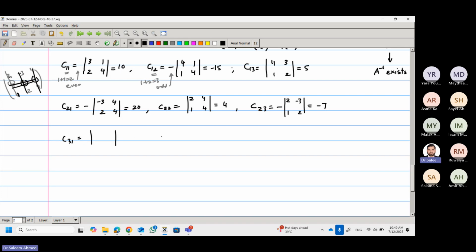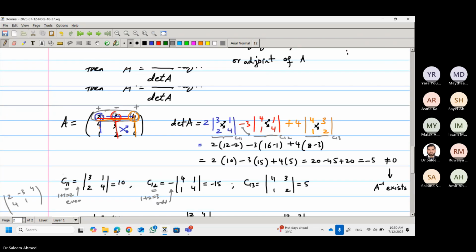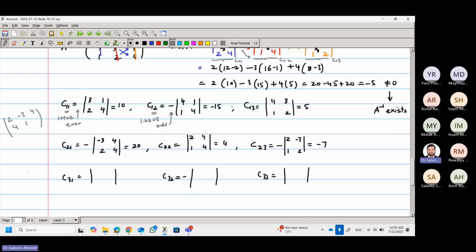And then C31. 31 is plus. 32 is minus. 33 is again plus. Right? So 31, what was my matrix? 2 minus 3, 4, 4, 3, 1, 1, 2, 4.